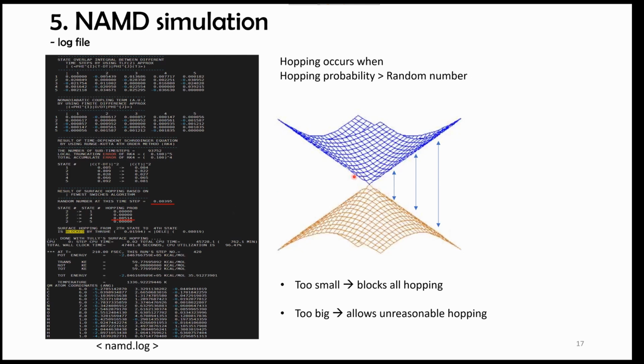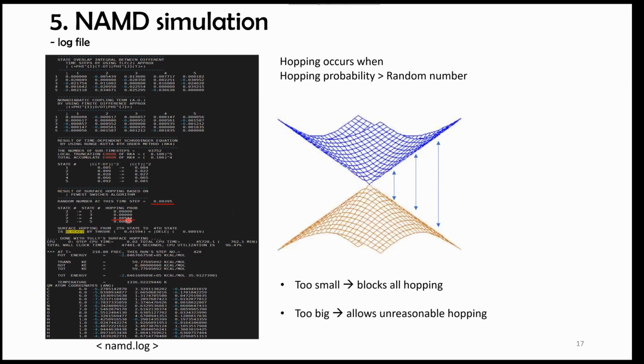Basically, it means that the energy gap needs to be sufficiently small to really allow hopping. Sometimes, even though the energy gap is large, because of the random number generator, hopping can occur, which is not physical. So we block such cases.